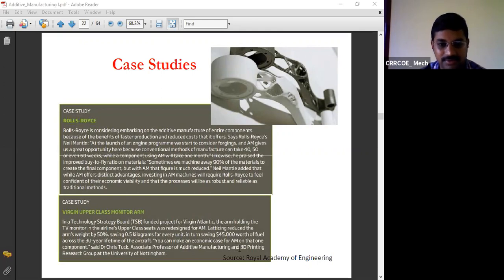Associate Professor of Additive Manufacturing, 3D Printing Research Group. These are all the collaborating members in that particular funded project. Definitely funded projects have a guide also, so please go through the funded projects. Our organization also is giving 20,000 for project work. A project panel, a finalizing panel will be there.